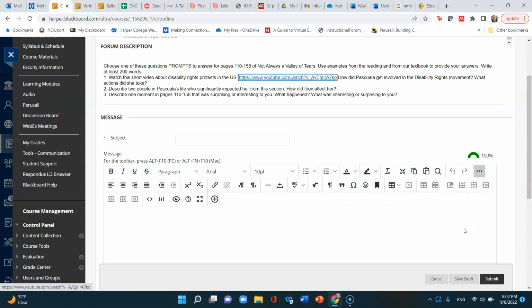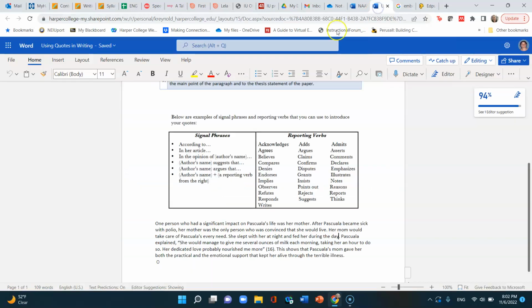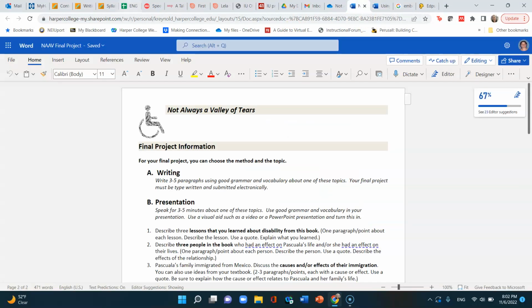And then afterwards, I would say, this shows that blah, blah, blah. And I would say, this was surprising to me because, or this was interesting to me because. So make sure to use that using quotes document to help you with your discussion boards and also to help you with your final project for the paper.